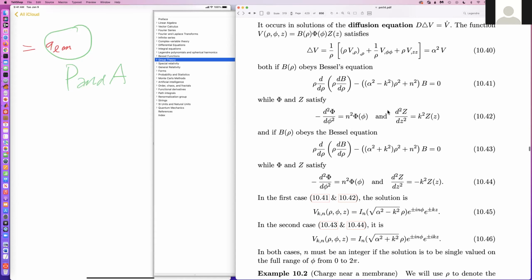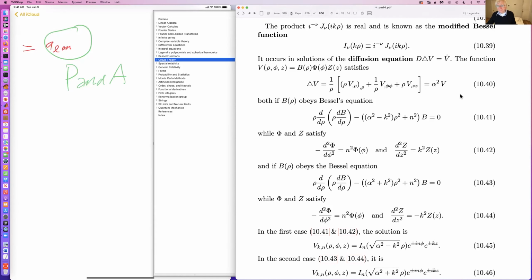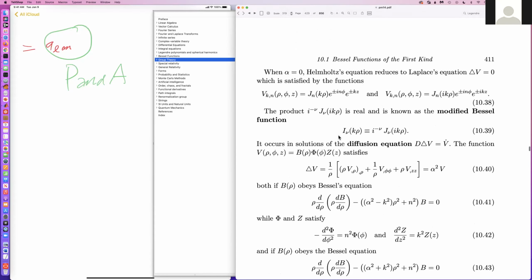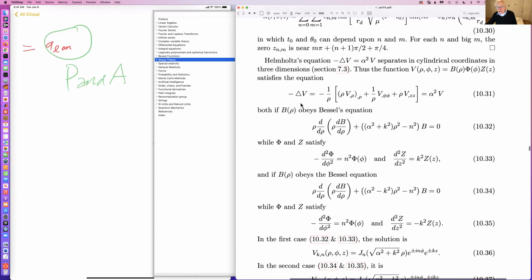And the difference here is that here we have Laplacian V is alpha squared V, whereas previously we had minus Laplacian V is alpha squared V. Now, Laplacian is intrinsically a negative operator. I mean, it can have positive values, but it's intrinsically negative. And so minus Laplacian is the thing that's positive. Remember, in quantum mechanics, minus Laplacian is proportional to p squared, of course, being positive.